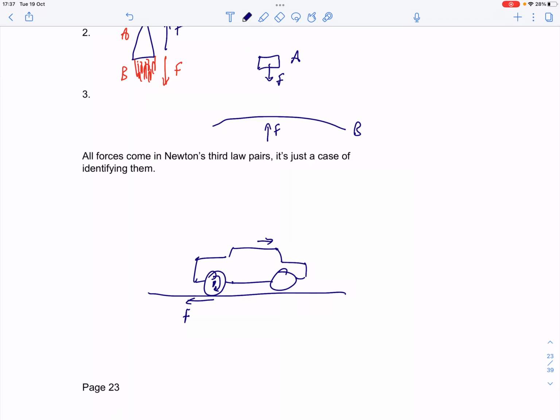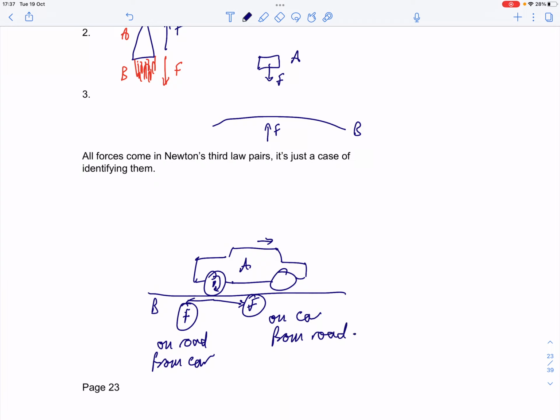The car pushes the road to the left, if you like, with a frictional force F, which means, according to Newton's third law, that the road pushes back on the car in the opposite direction with an equal force F, propelling the car forward. This force here acts on the road from the car. We could call the car object A and the road object B. It acts on object B from object A, and this force here acts on the car from the road.